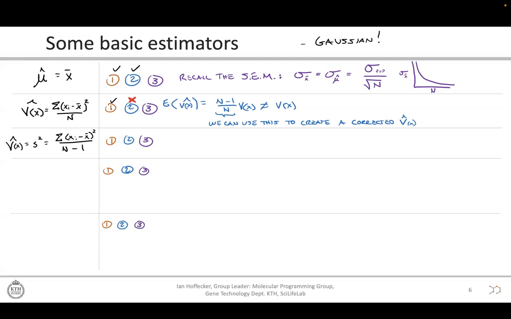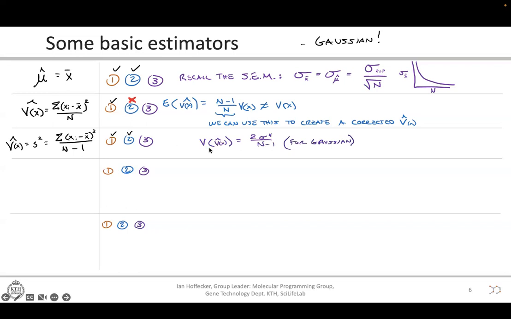That brings us to this s squared here. So you often see this notation. s squared then is the unbiased estimator for the population variance. The only difference is we've divided by n minus 1 here, and this removes the bias.